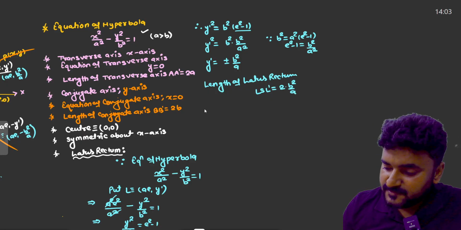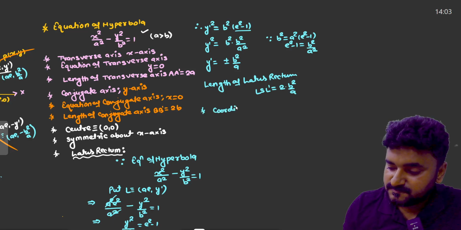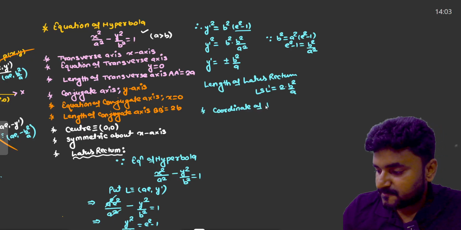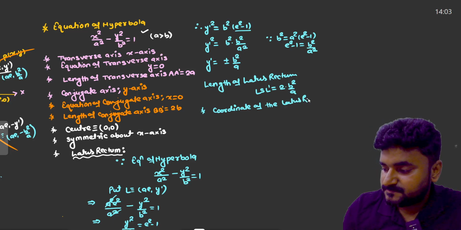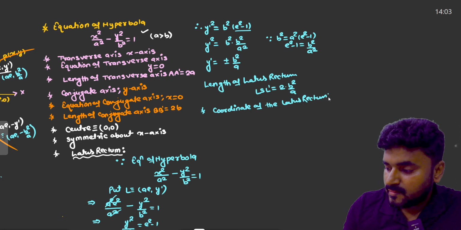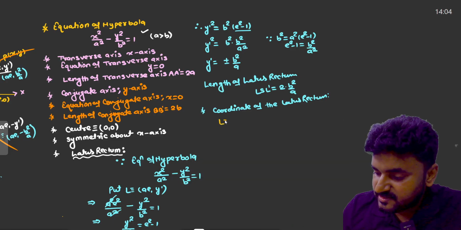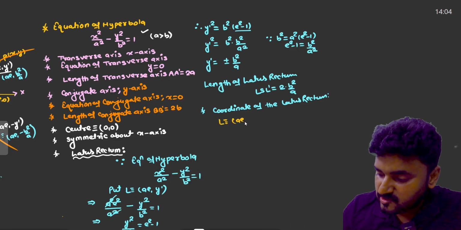After that I will write the coordinates of the latus rectum. So what are the coordinates? L equals ae comma b square by a.